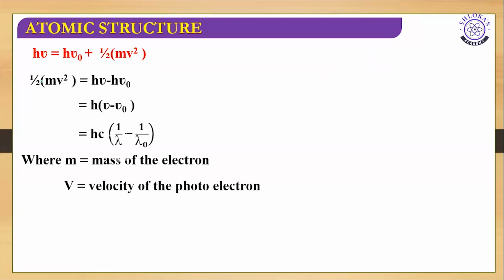So see here, half m v square is equal to h nu minus h nu naught. But I know that nu is equal to c by lambda, and nu naught is equal to c by lambda naught, because c is constant always. So if I substitute, I will get this one, where m is the mass of the electron and v is the velocity of the photoelectron.